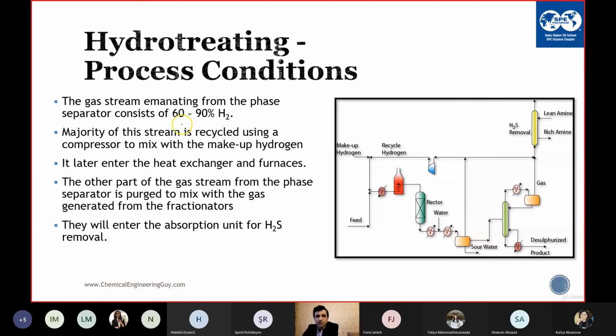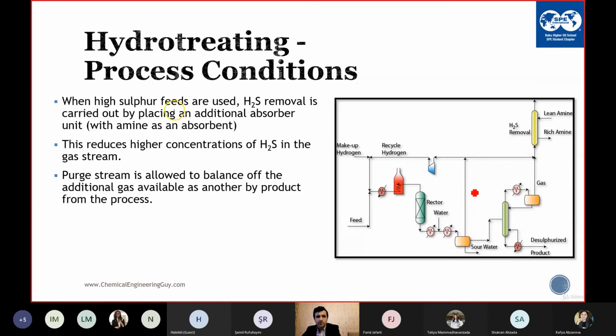The gas stream emanating from the phase separator consists of 60-90% H2. So here the gas is mostly H2. And the majority of this stream is recycled using a compressor to mix with the makeup hydrogen. When high sulfur feeds are used, H2S removal is carried out by placing an additional absorber unit with an amine as absorbent.